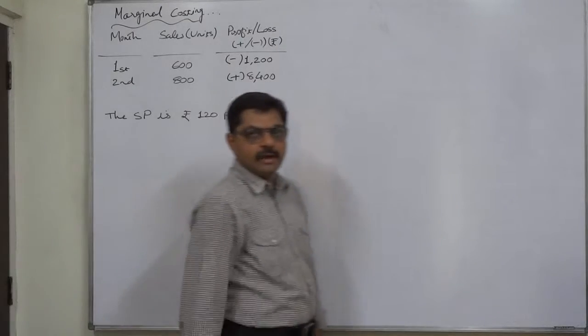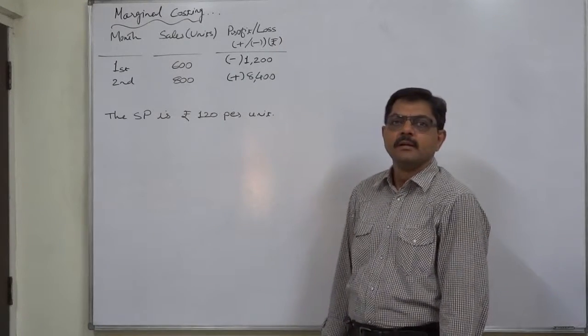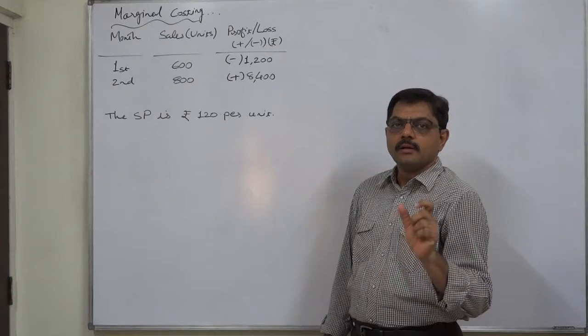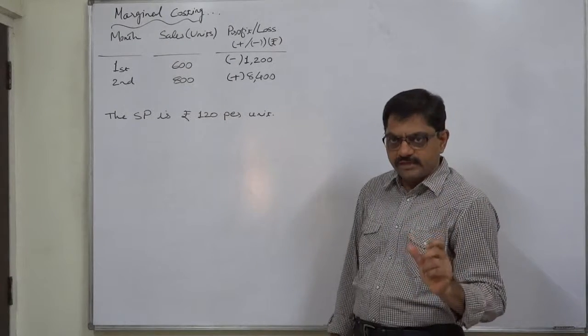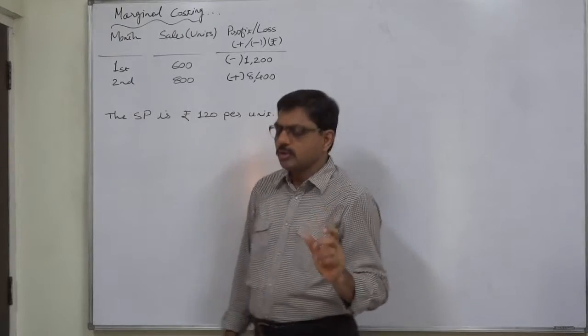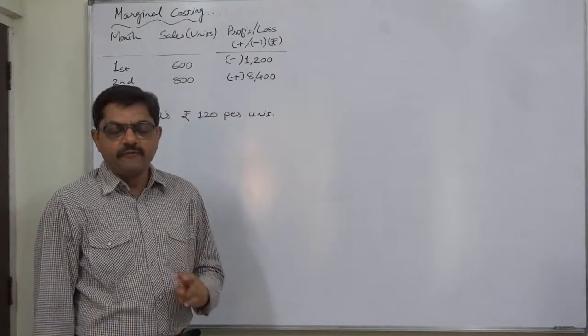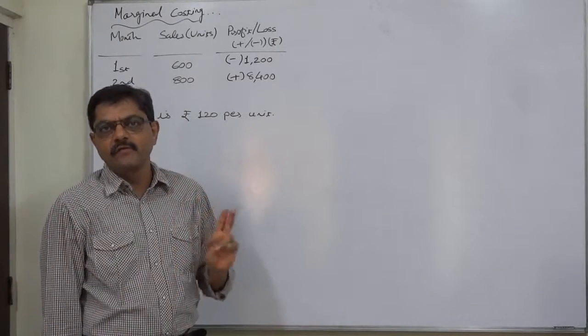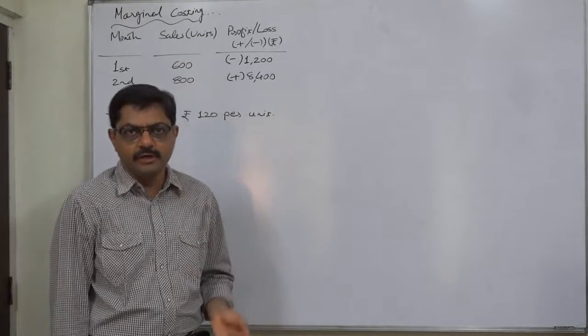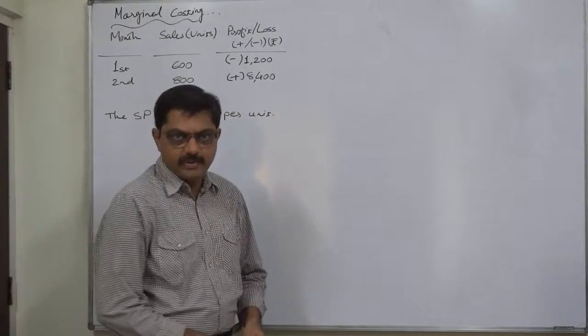Because now we very well know that all the calculations of the chapter marginal costing are almost all possible if we have either the pair of fixed cost and contribution per unit or the pair of fixed cost and PV ratio.